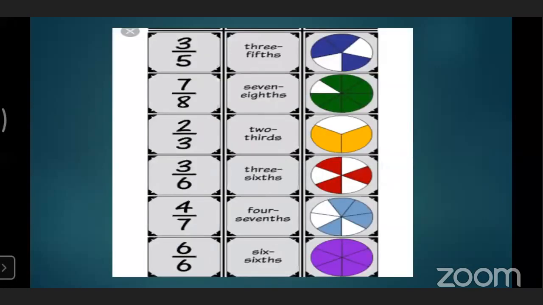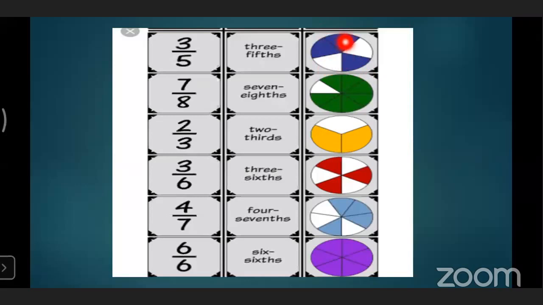Yes. Now let us see one more thing. Now read this fraction. 3 upon 5. Yes, we can also read this as 3/5. Now you can see in this picture, one circle is there, right? That circle is divided into how many equal parts?